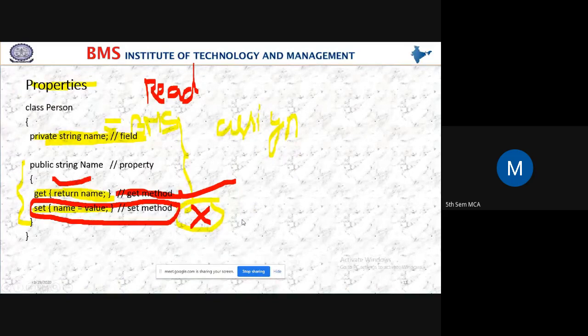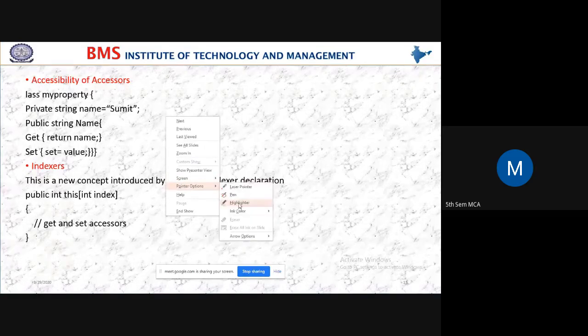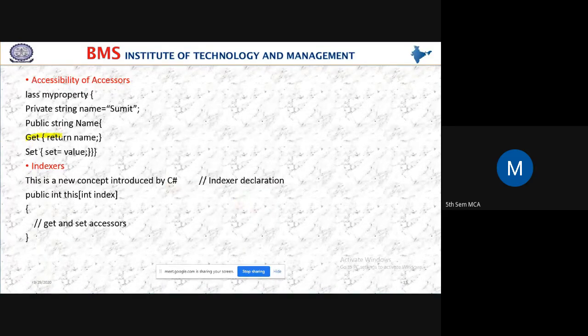So read only property, and property we have seen in the last class. And next we have accessibility of accessor. See students, which are the accessors?